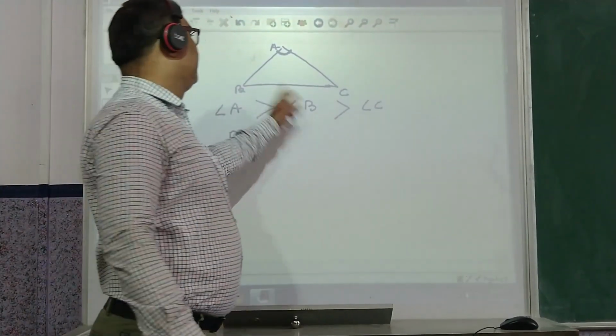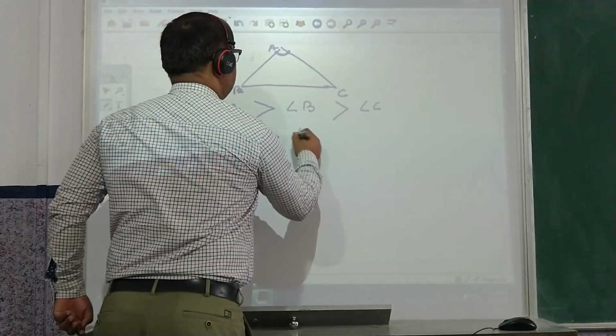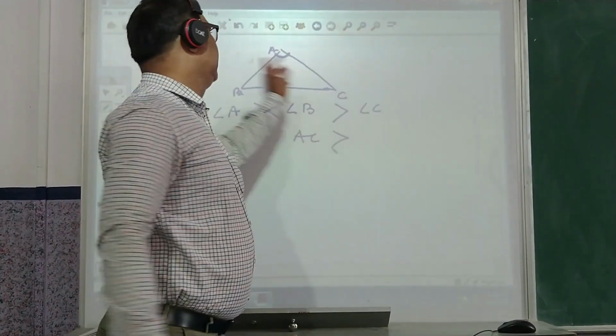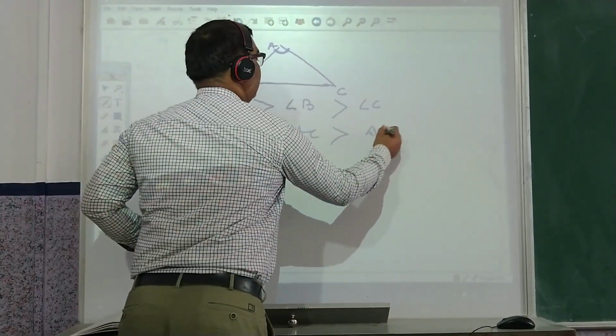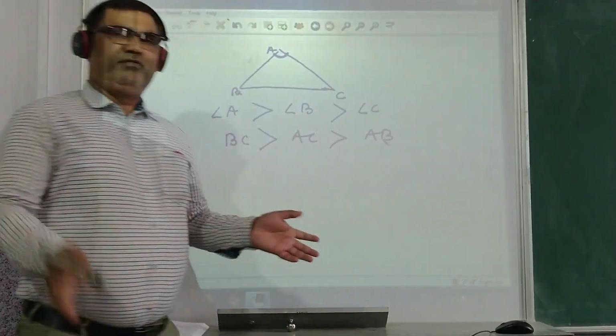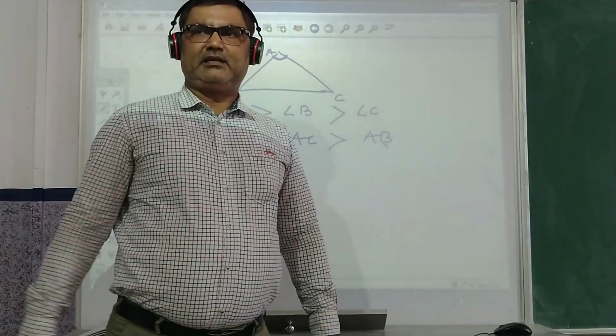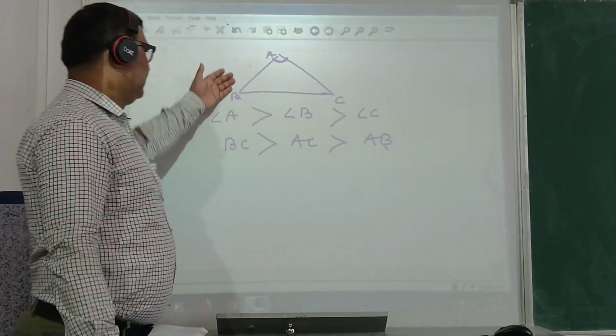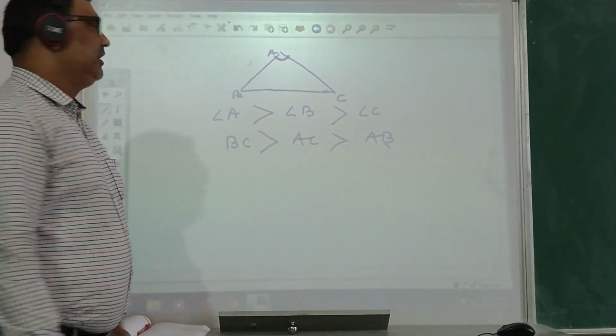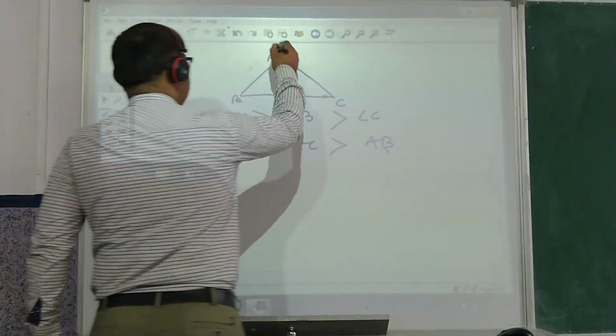Then the side opposite to B, that is AC, and the side opposite to C, that is AB. So vice versa, in both cases, it is satisfied.